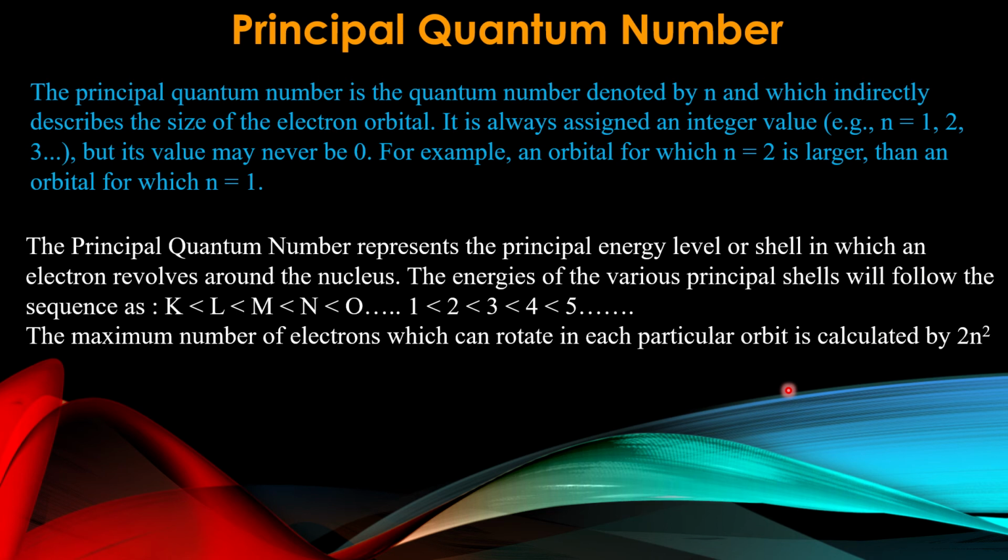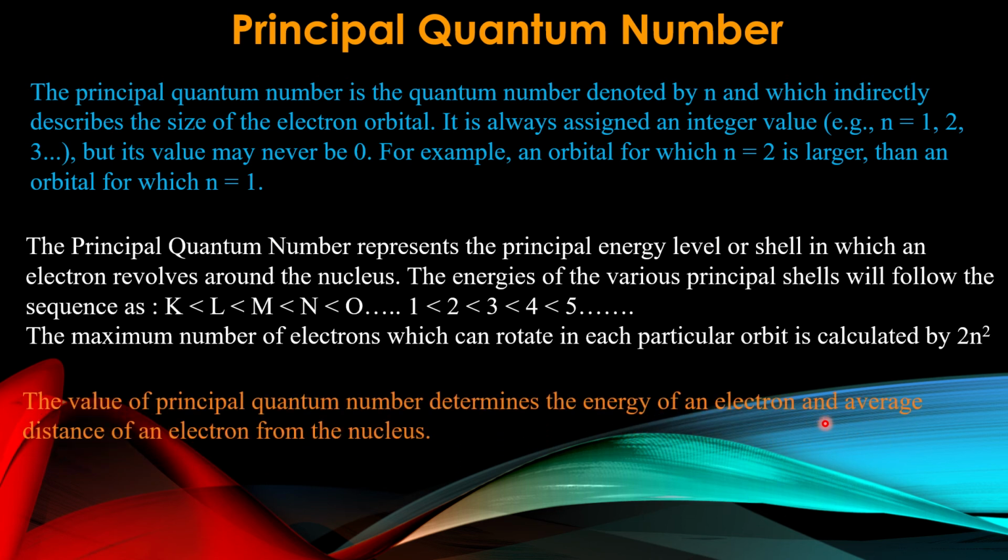That means the first energy shell has the least energy, and then second, third, fourth, fifth, sixth, and so on. The maximum number of electrons which can rotate in each particular orbit is calculated by the 2n squared formula.